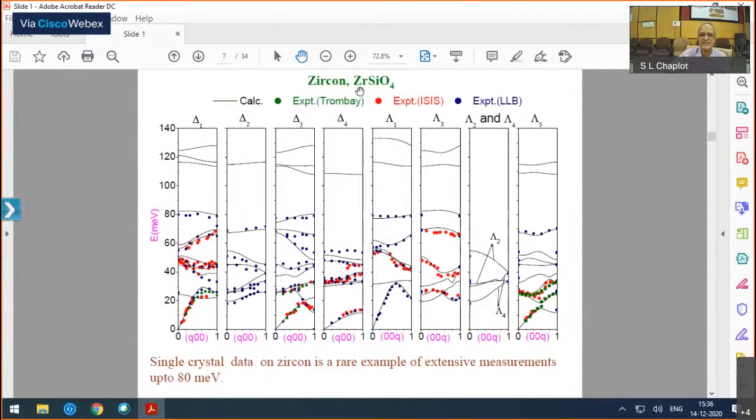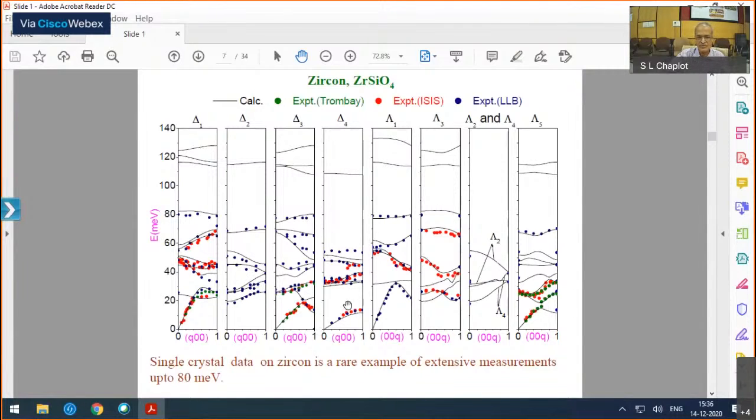For example, in this case of zirconium silicate, it's not an extremely complex structure, but all the phonons that exist in the directions Q100 can be classified in terms of 4 different group theoretical irreducible representations, and they can be measured quite separately from each other.